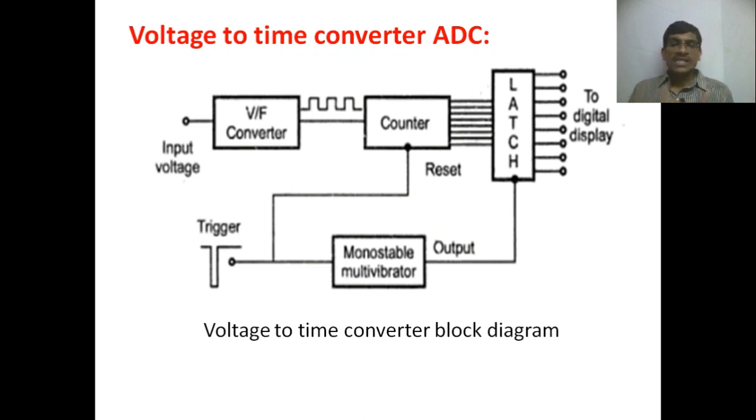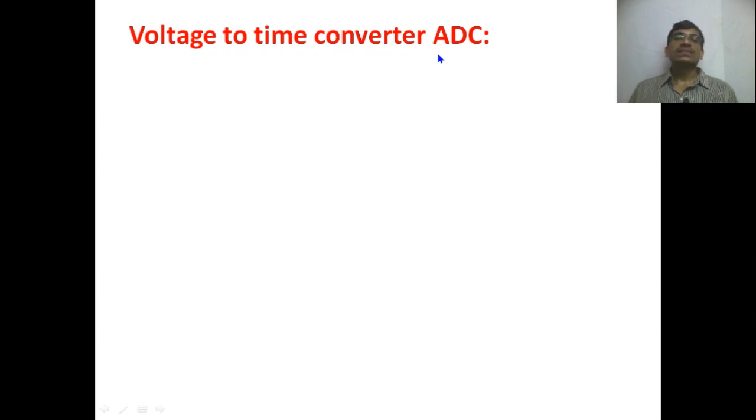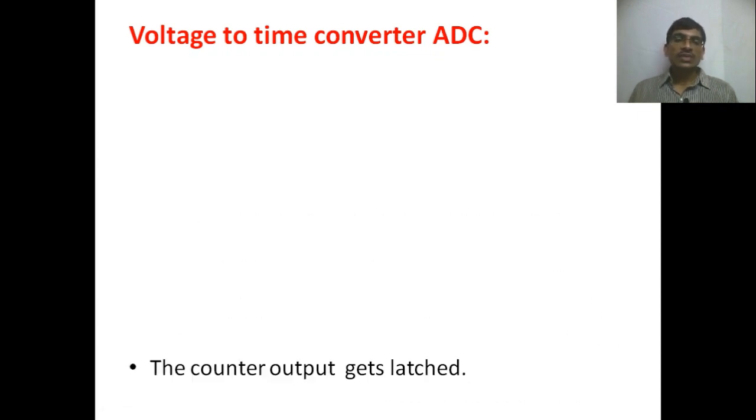In that specific time period, we see how many counts got generated, and these counts are generated due to the voltage to frequency converter. If the voltage is high, more counts will occur; if the voltage is low, fewer counts will be made by the counter. Like that, we convert the analog input voltage into a digital binary code by using the voltage to time converter analog to digital converter. This is how it operates.